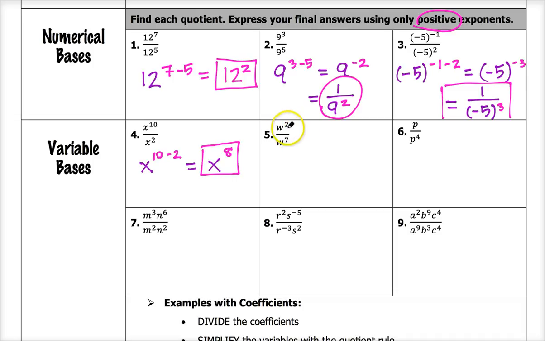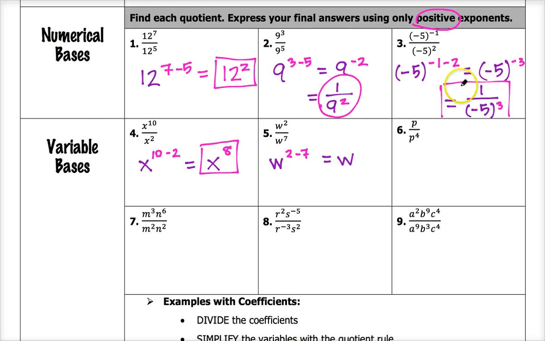Next, number 5, w squared divided by w to the 7th. We keep our base and we take the top exponent 2, subtract the bottom exponent 7, and this gives us w to the negative 5th power. W to the negative 5th power we rewrite as 1 over w to the positive 5 power.